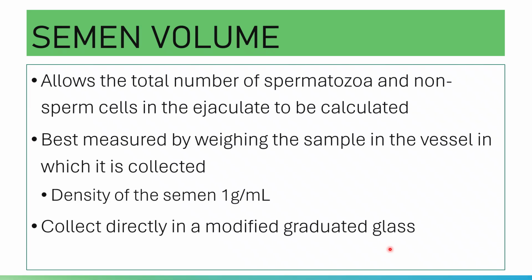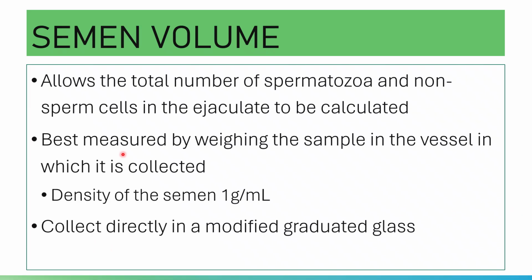If you use aspiration with a pipette, the volume lost can be between 0.3 ml and 0.9 ml. That is the error.